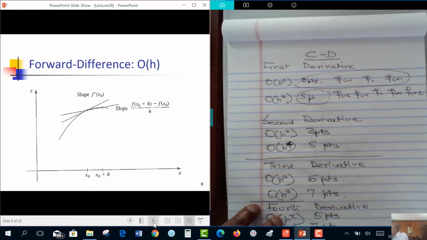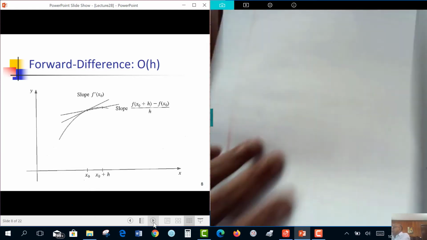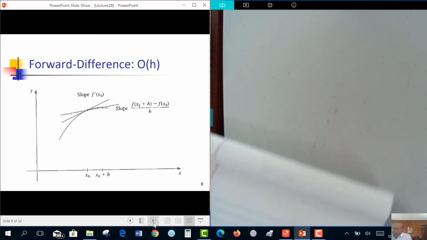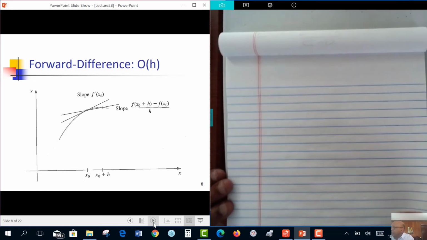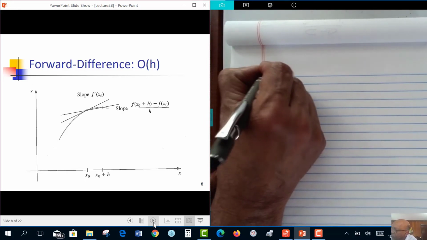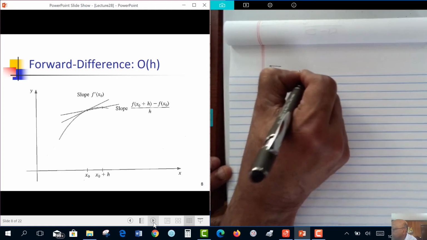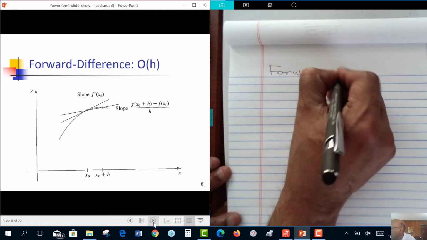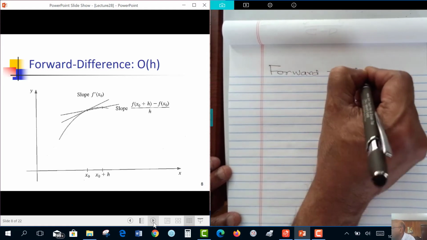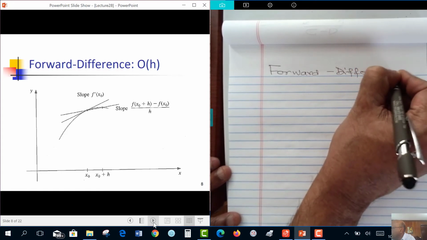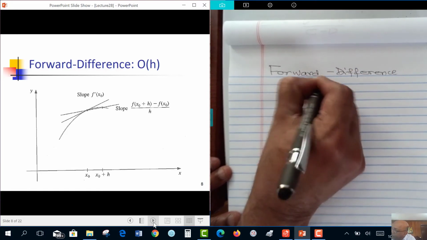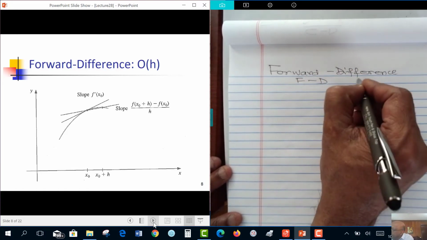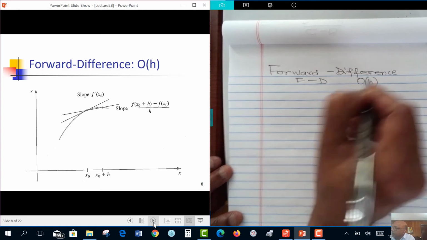Let's look at the next category of relations. The next category of relations is called forward difference. I'm going to use FD for short. So here we begin with an order h formula.